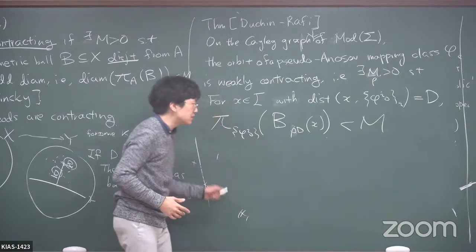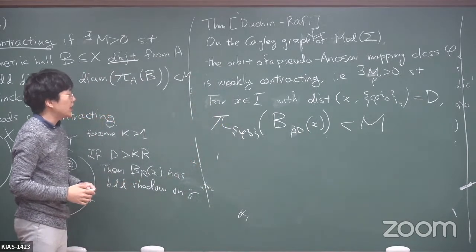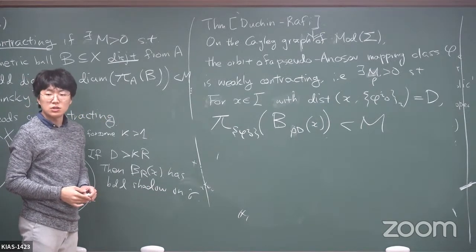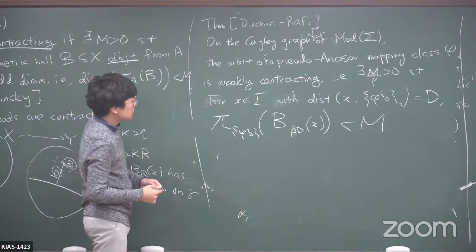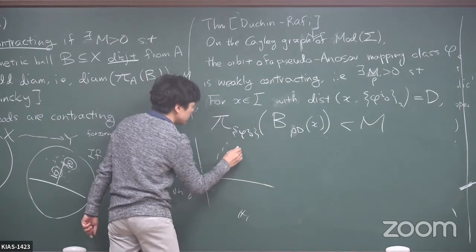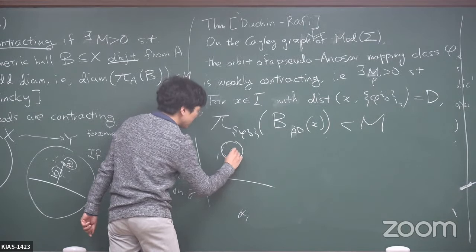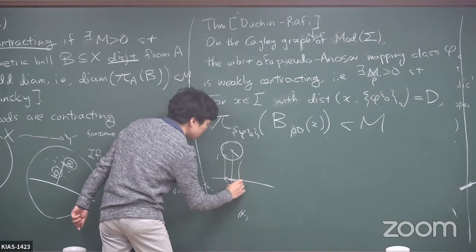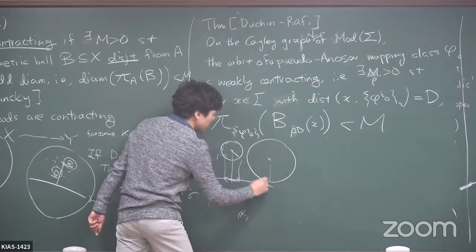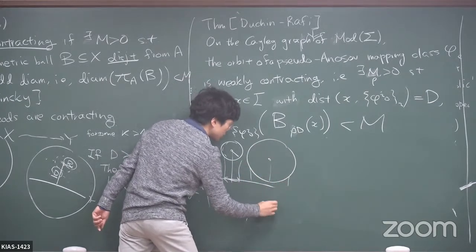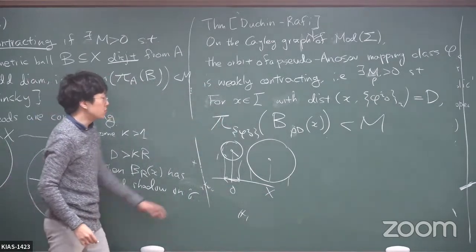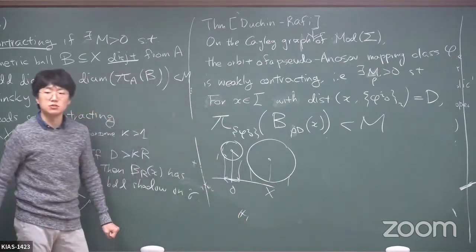Perhaps it's good to first spell out this statement, and then if time allows, I will go into the details. So pictorially, you imagine only this metric ball to have bounded shadow, but if the radius is totally huge, then you have no control. You give up the control of the size of the shadows.